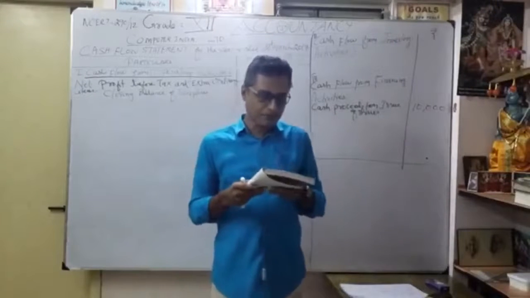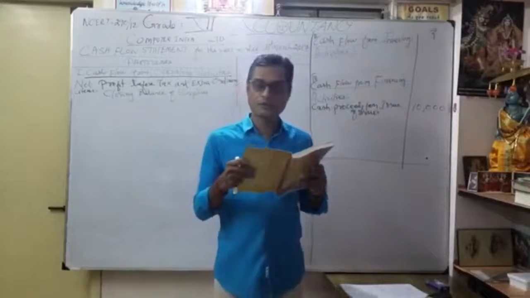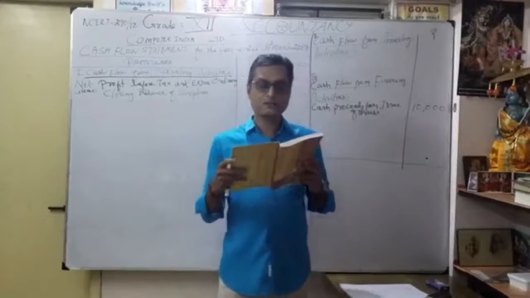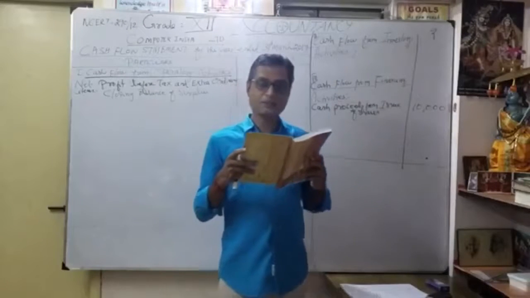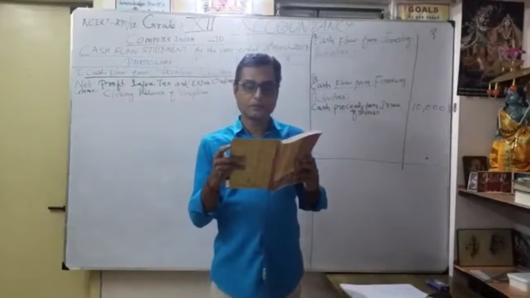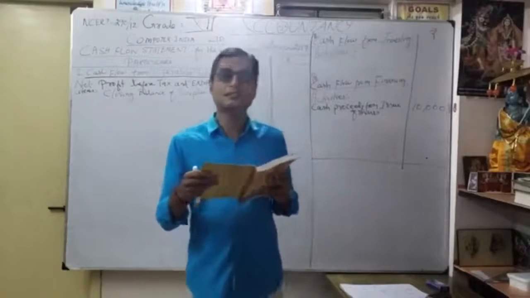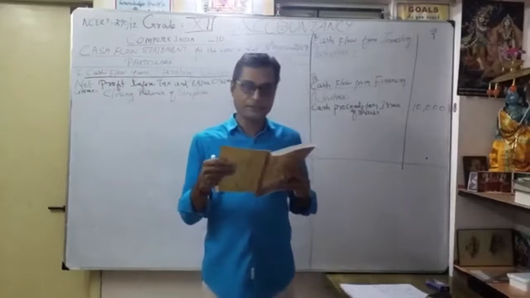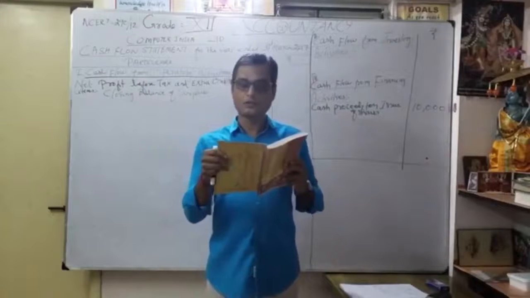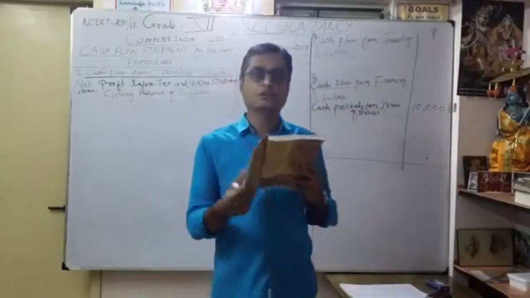Now you see reserves and surplus. They have given note number 1. Now go to page number 291, under notes to accounts. See reserves and surplus. First one is balance in statement of profit and loss: 2017, the current year, and 2016, the previous year, 1,000. Thereafter general reserve: 2017, 2,500, and 2016, 2,000. How are we going to write?